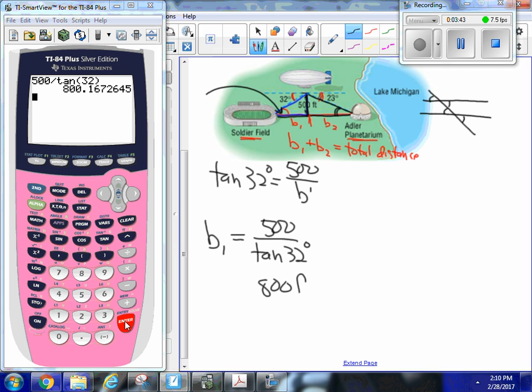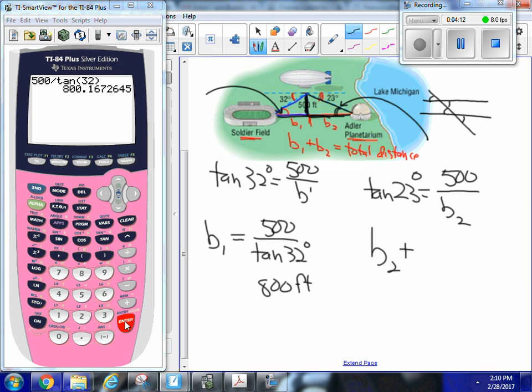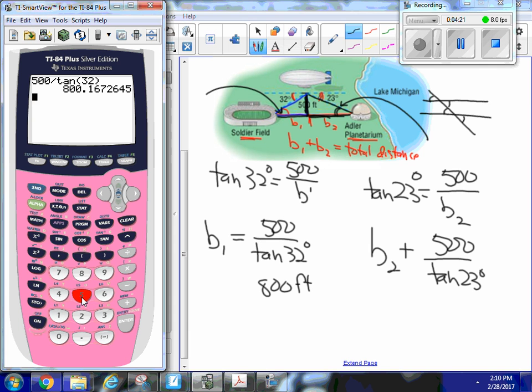That's 800 feet. And let's see, can we do the same thing over here with this angle? Well, we have a 23-degree angle right there. And again, I can do opposite over adjacent. So tangent 23 degrees is equal to 500 divided by b sub 2. So b sub 2 is equal to 500 divided by tangent 23 degrees.